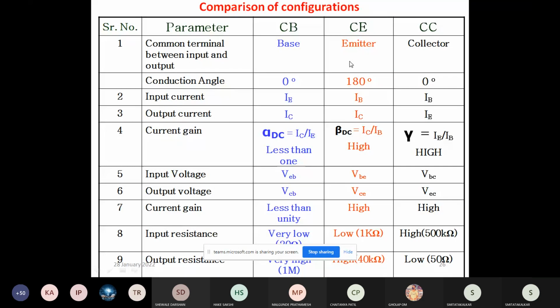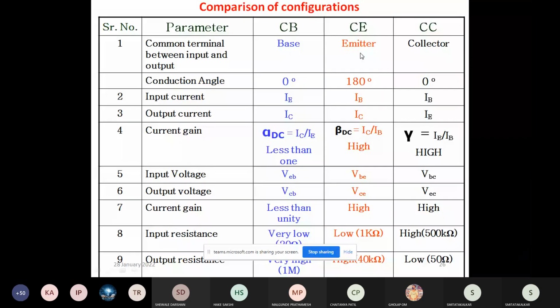That's why the conduction angle of the CE amplifier, for a proper sinusoidal wave input, is 180 degrees, positive and negative half cycles. This is the cycle, 180 degree amplification angle for the CE amplifier, and the other is 0. That's why we can use the CE amplifier as a transistor switch.